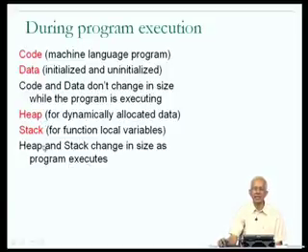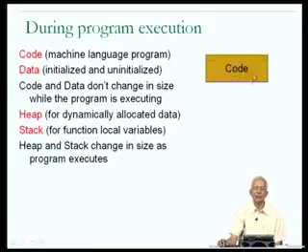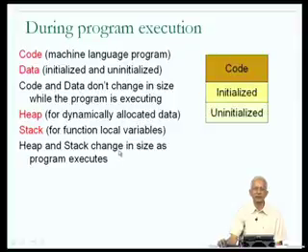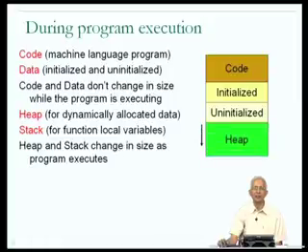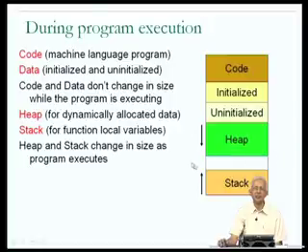Therefore, both heap and stack could grow and shrink in size, whereas the code and data are going to remain fixed in size. Pictorially, I might say that the code is fixed in size. The initialized and uninitialized data are fixed in size, they are all statically allocated, whereas the heap could grow and the stack could grow. Therefore, there must be some free space in memory for the growth of the stack and the growth of the heap.